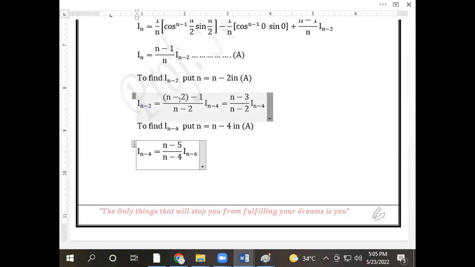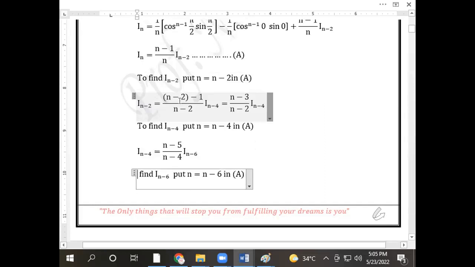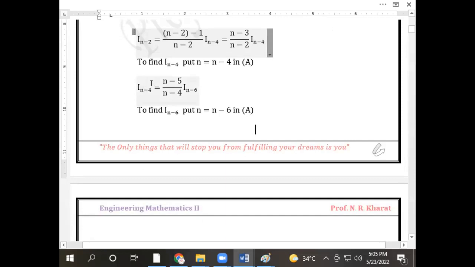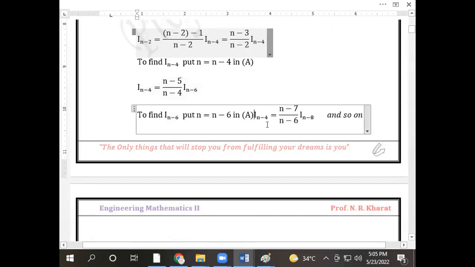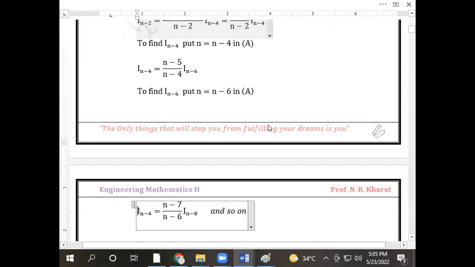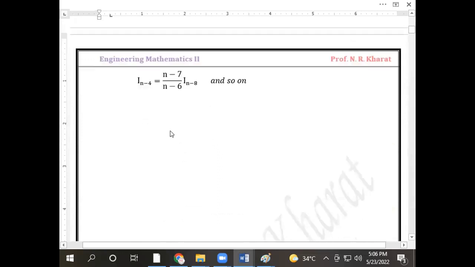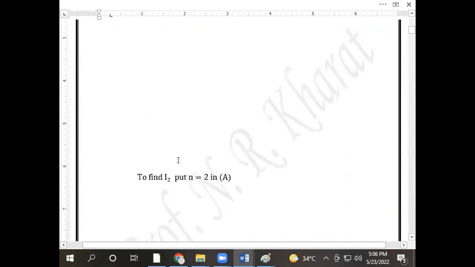I of n minus 4, n minus 5 upon n minus 4, I of n minus 6. And in a similar way, we will calculate I of n minus 6, replacing n is equal to n minus 6, and so on. We can find all the values. Lastly, we have to find either I2 or I1.